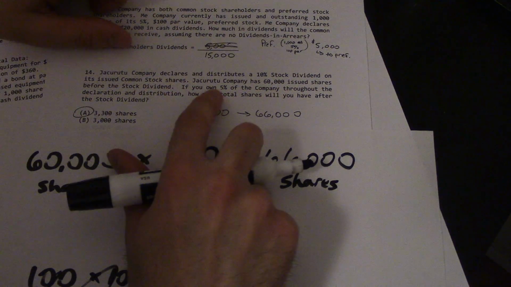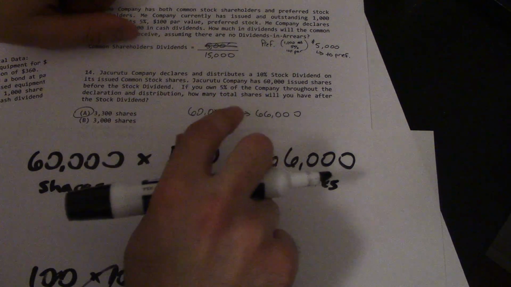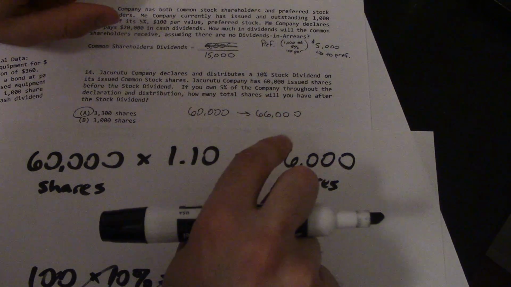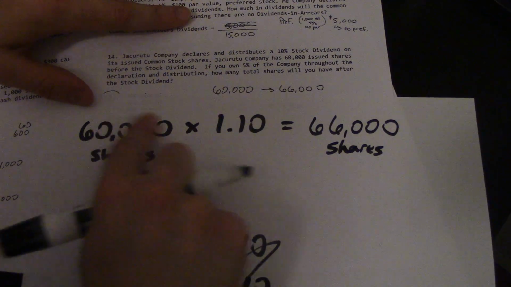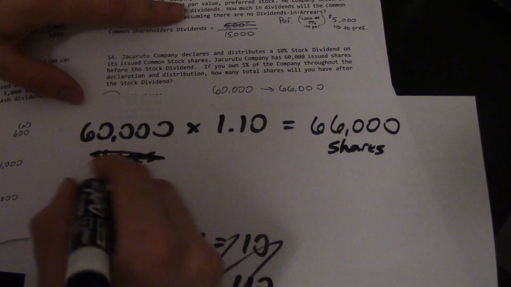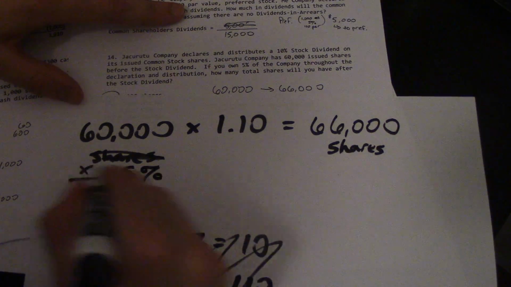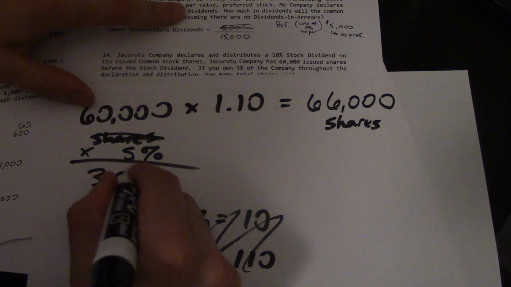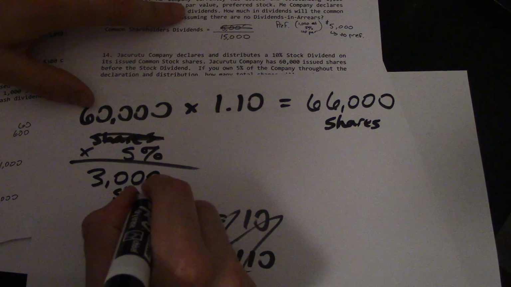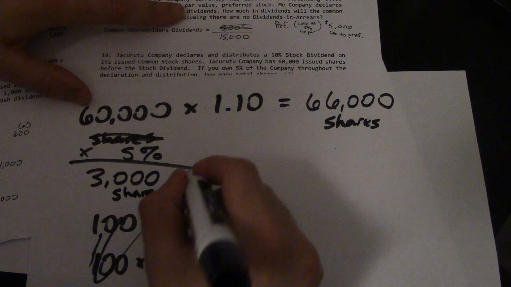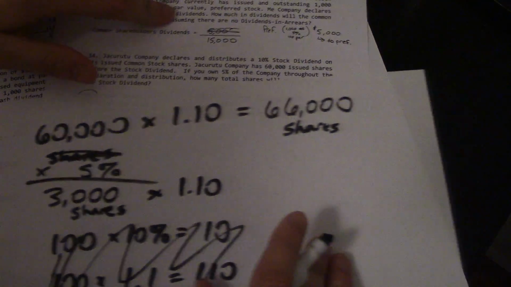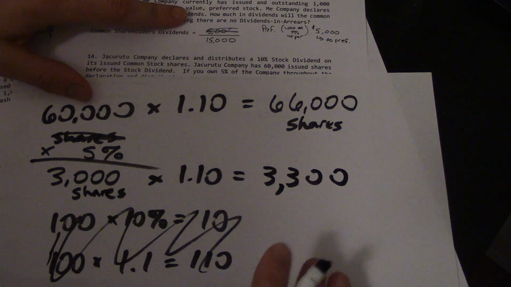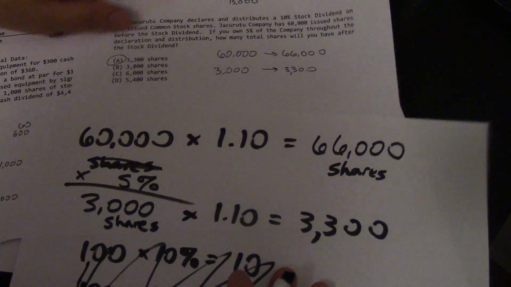And the question is asking, if you own 5% of the company through the distribution, how many shares will you have after the stock dividend? So if we own 5% of this company, we'll take 5% of 60,000, which is 3,000. So we own 3,000 shares multiplied by the stock dividend, and we're left with 3,300 shares. A.